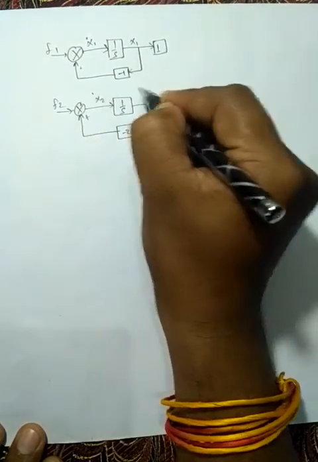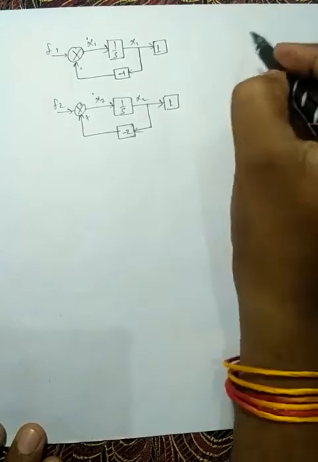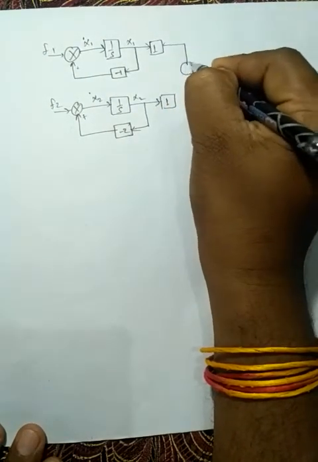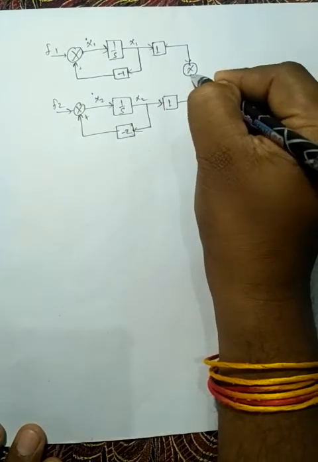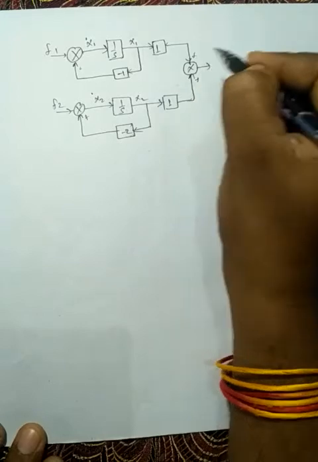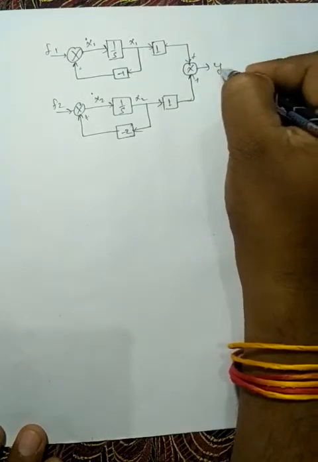This one is x2 dot and this is x2, and we add these two to get the final output y.